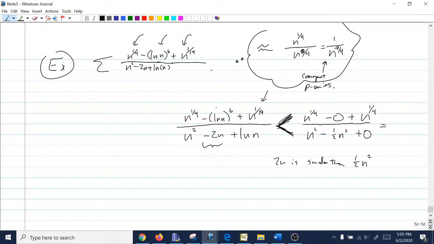It's a great step to use, because now I'm going to have 2n to the 1/4 over half n squared, which is 4 over n to the 7/4, which is basically a p-series, and I can talk my way out of the rest of that. The only step that's stopping me from doing this direct comparison right now is how can I change the 2n to a half n squared? Can I do that?